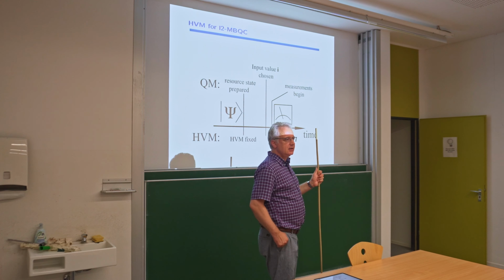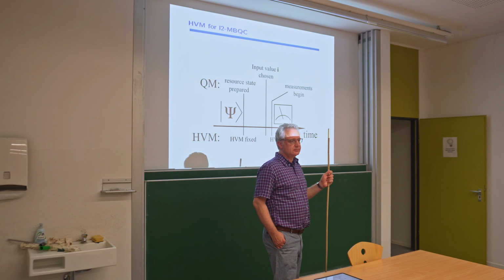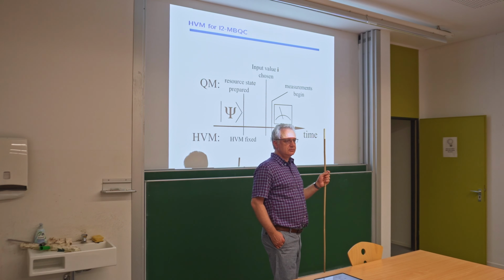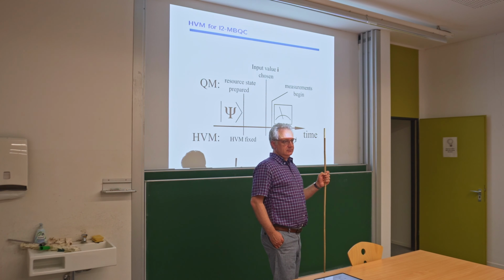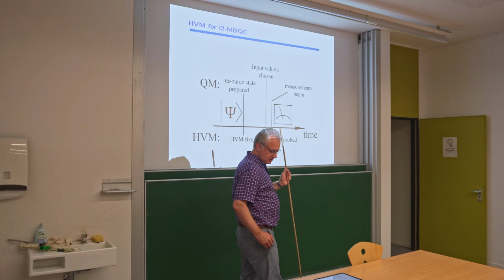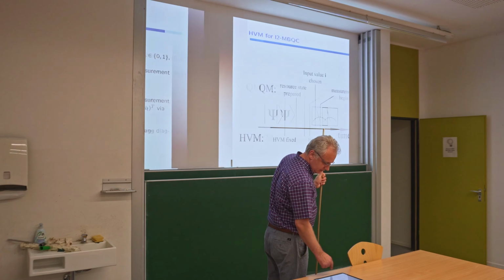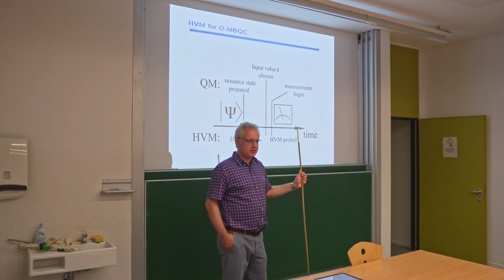Again, questions? Yes. Can you explain a little bit about what it means to choose the input, like, do you encode it into the initial qubit? Oh yeah, so suppose you want to factor some number.